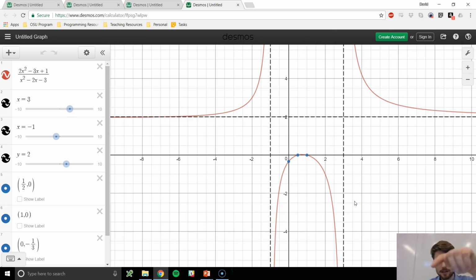It's going down to negative infinity and down to negative infinity as we get close to each of those asymptotes in the middle. And then the other asymptotes are doing what we expected. For this one, it's going up to positive infinity here. This one, it's going up to positive infinity there. And we've got that end behavior doing what we expected, going towards 2 to the left and 2 to the right.